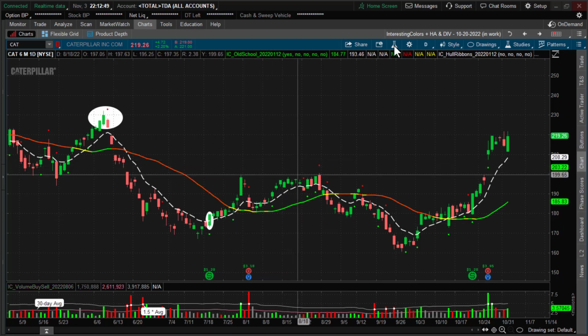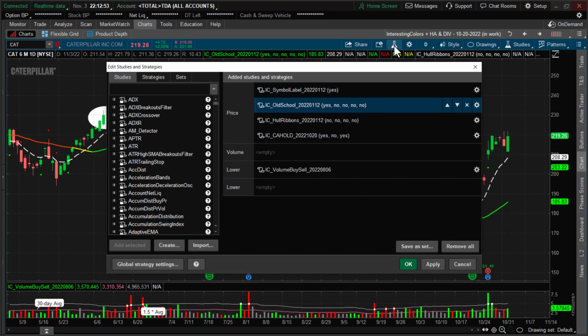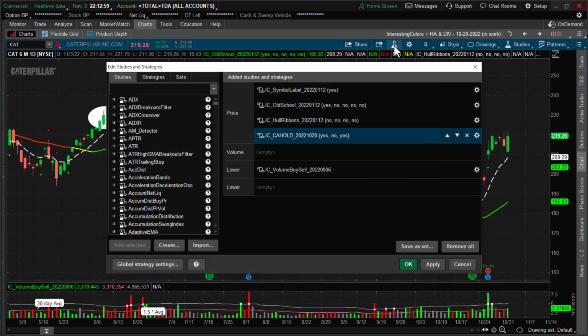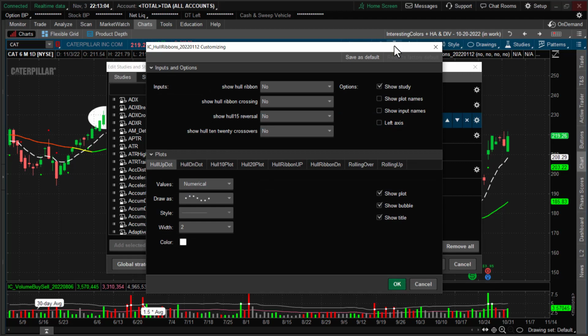The other studies I like to look at are the white dots. I have these under the whole ribbons. So show the Hull 15 reversal, check. Show the Hull 10, 20 crossovers, check. And let's turn the ribbon on.